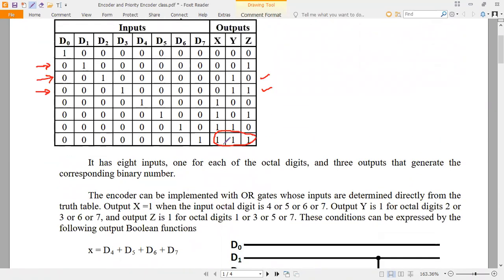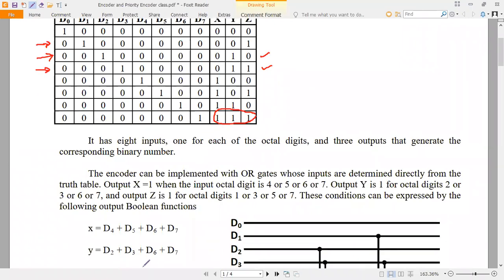Similarly, y equal to 1 for D2, D3, D6 and D7. So y can be written as D2 plus D3 plus D6 plus D7.